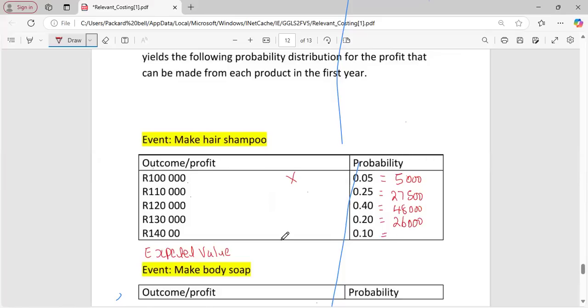Who got the last one there? $14,000. So we add them. When we add them, that's the expected value, the weighted expected value. So it's going to be 14 plus 26.